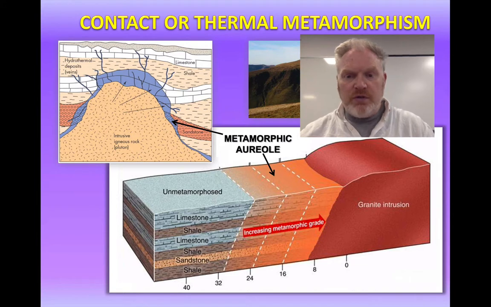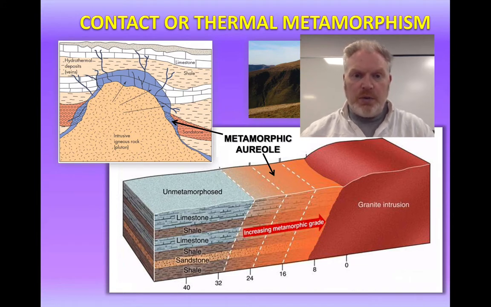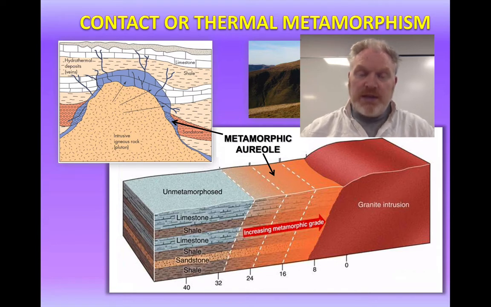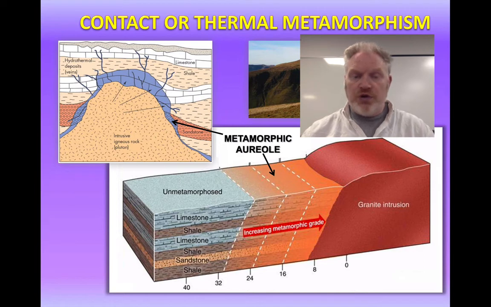The closer the rock is to the edge of the pluton, what we call the contact, the more it'll be metamorphosed because there's going to be more heat. As the heat dissipates, as it moves away from the granite intrusion, the amount of metamorphism will decrease until eventually we get to a point where rocks haven't been metamorphosed at all. The country rock is what it was originally.